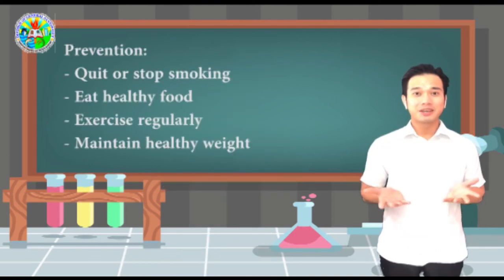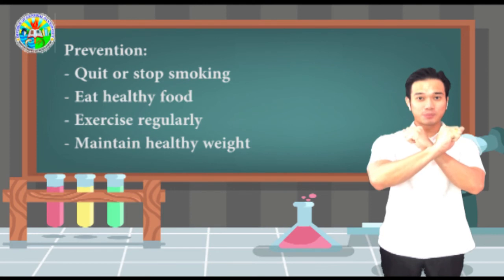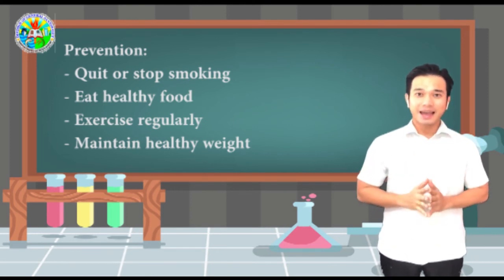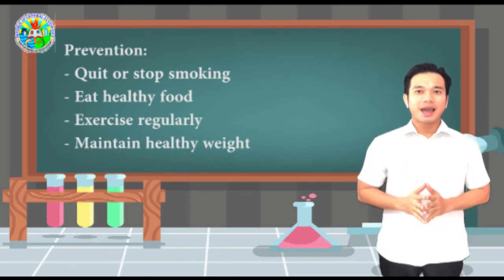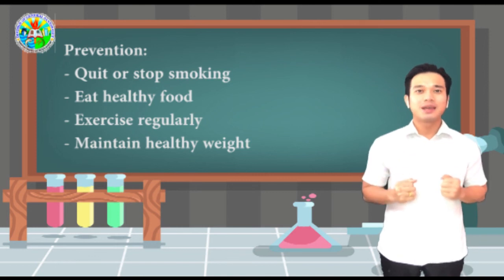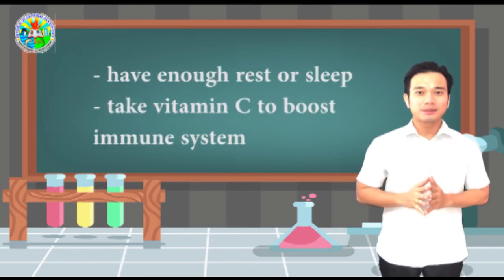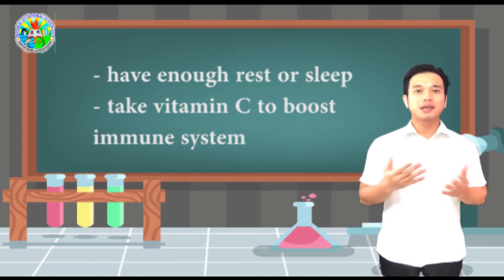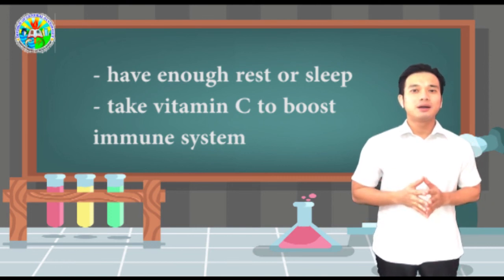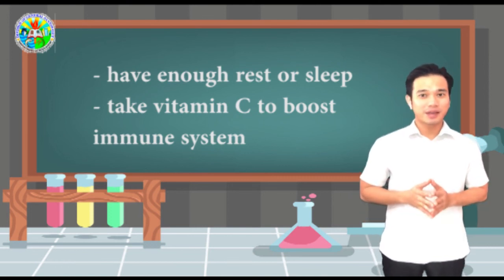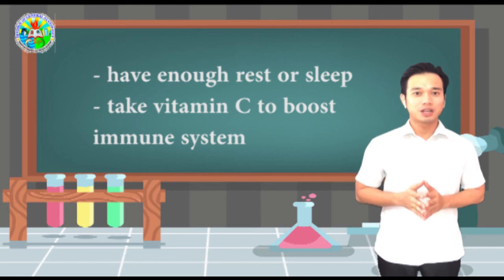Well, of course, quit smoking, eat healthy food, exercise regularly, maintain a healthy weight, have enough rest or sleep, and take vitamin C to boost the immune system. These are ways to help prevent circulatory and respiratory diseases.